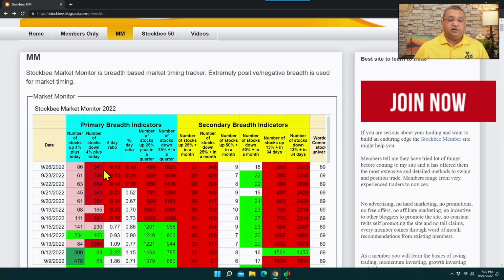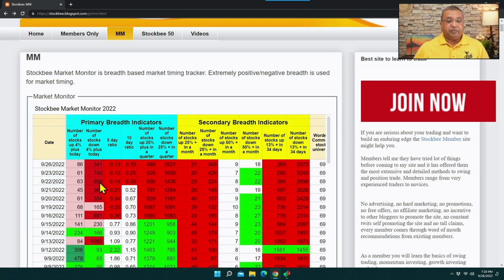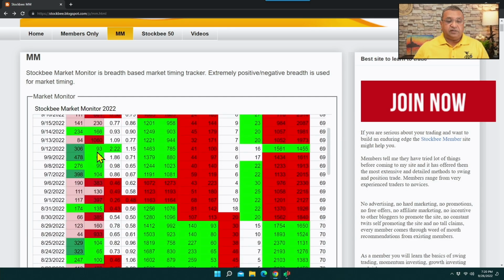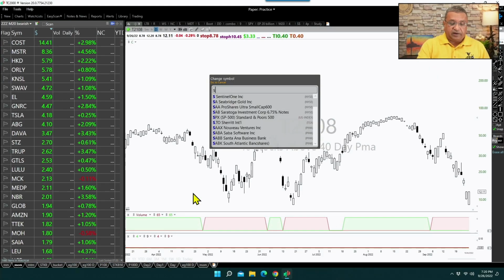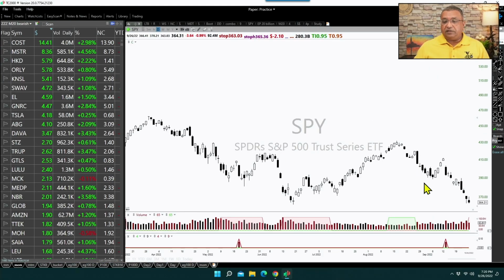As you can see here, there are a larger number of 4% breakdowns in the last 10 days, so you had continuous selling happening here. Before that, you had 4 days where there was buying happening, and then selling started. If you look at this period on something like SPY, you will see that this period corresponds with this selling.